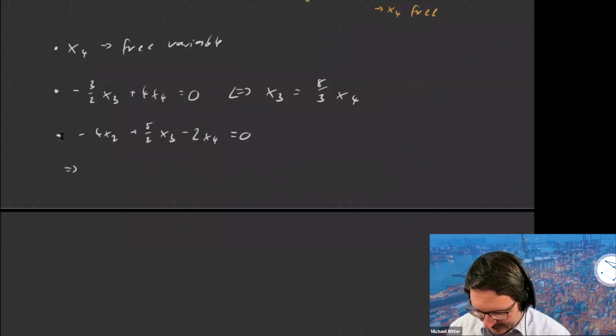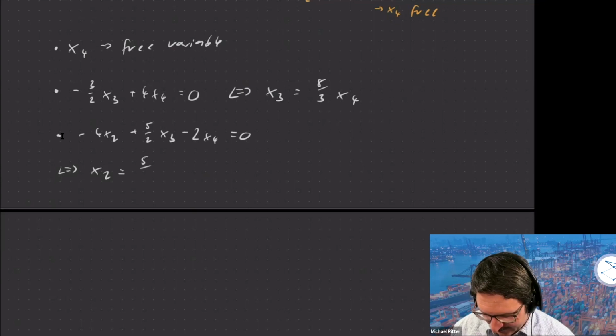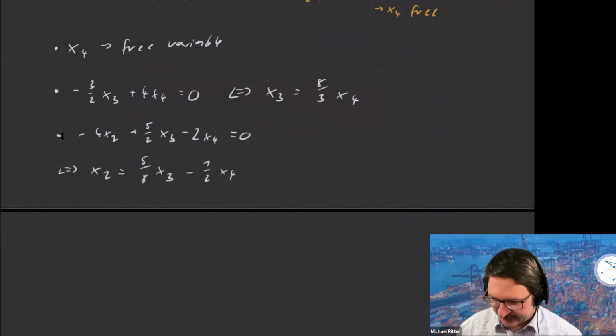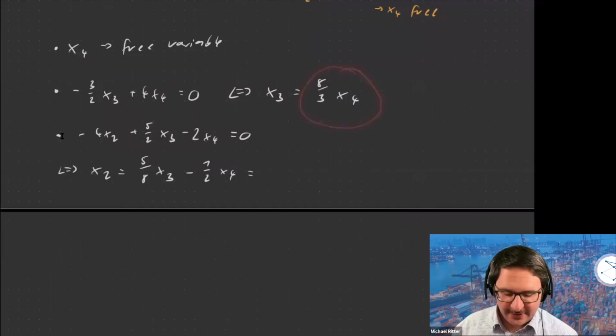So that means x2 is equal to, let's see, that's 5 over 8 x3 minus 2 over 4 or 1 over 2 x4, right? We know x3 already. x3 is 8 over 3 x4.